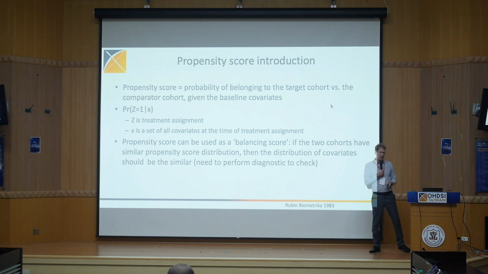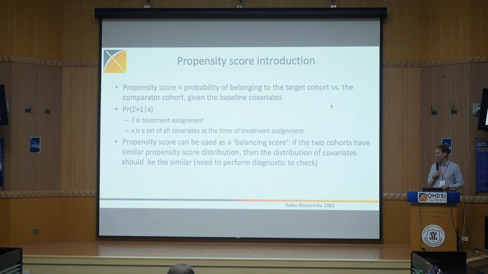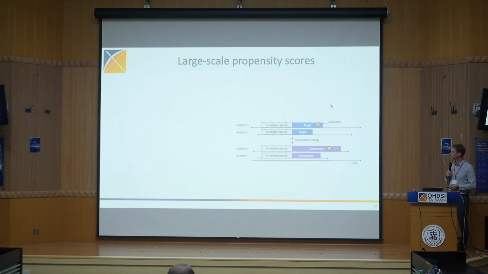This propensity score is interesting in that we can use it as a balancing score. If the two cohorts have the same propensity score distribution, we can actually assert that there are no differences there that would actually affect the causal inference. In OHDSI, we have, I would say, a special kind of propensity score, which we call large-scale propensity scores.